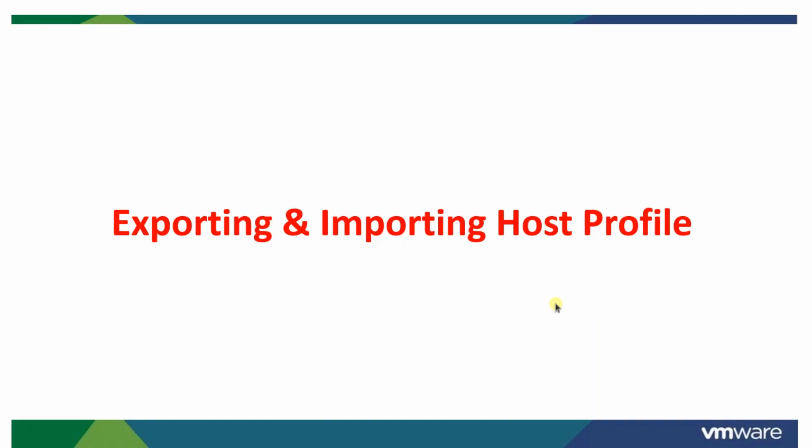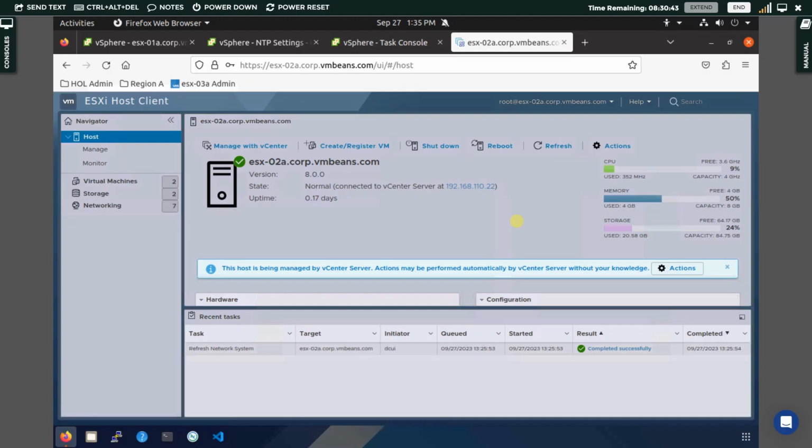So now we will be coming to the last topic of this session, that is exporting and importing host profiles. So guys, now consider you are in a production environment and you have a host profile and it has around 100 hosts. You come to the office in the morning and check for compliance.